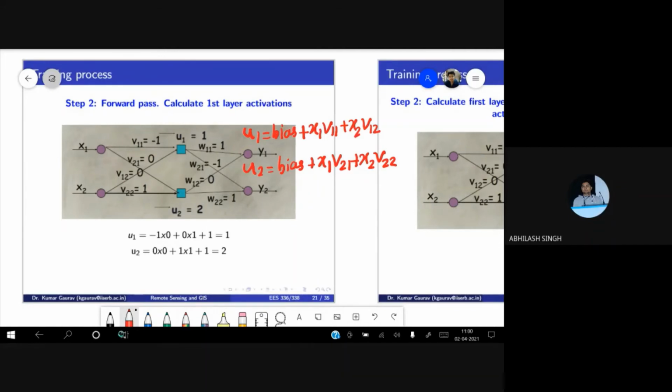Okay, so we have considered the bias to be 1, and if you solve this, you will get u1 as 1 and u2 as 2. Now we have the values u1 and u2, meaning we have values at the hidden layer.